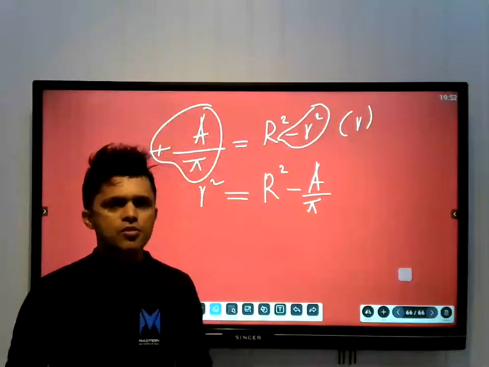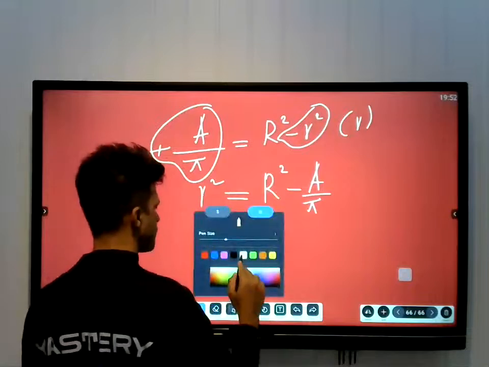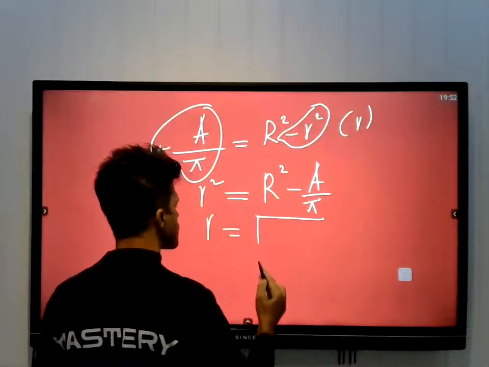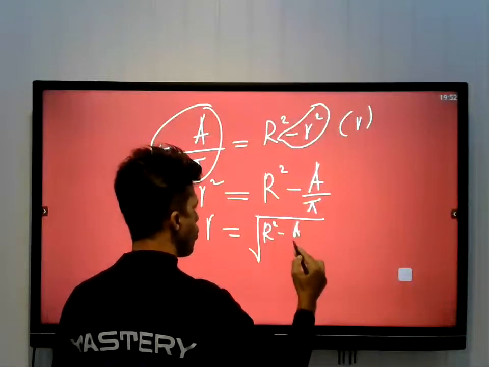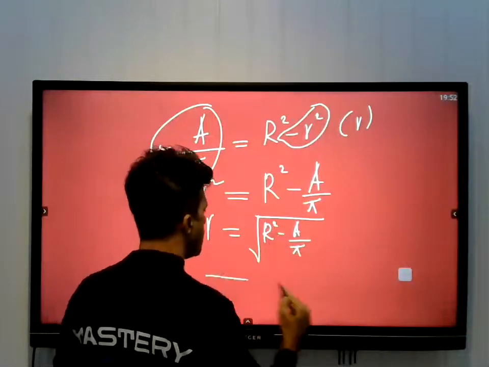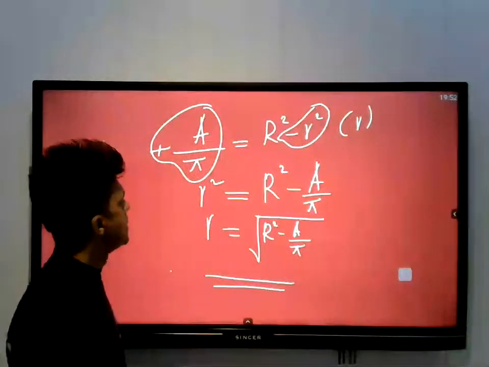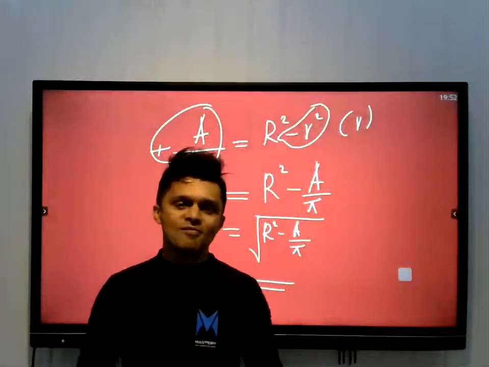Now we are able to write the term R as subject. R equals to square root of capital R square minus A over 5. This is the way of writing the term R as the subject of this formula.